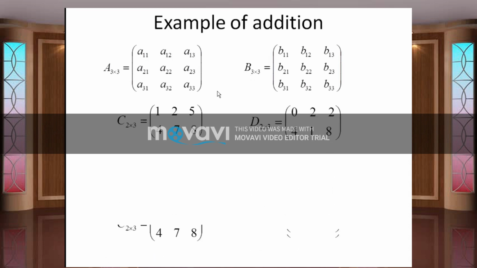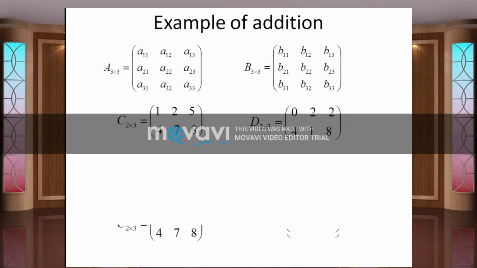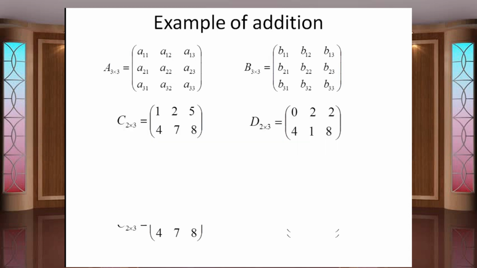Again, look at C and D. The rows of the first matrix are 2 and the rows of the second matrix are 2, so the rows are equal. Now look at the columns. The columns of the first and second matrix are equal, which means their order is equal.